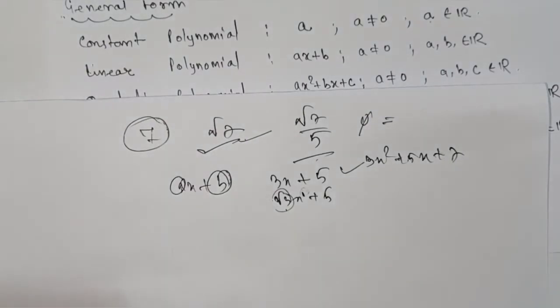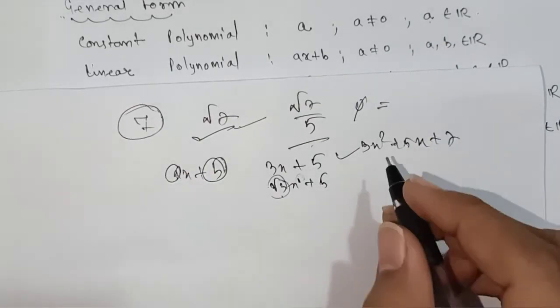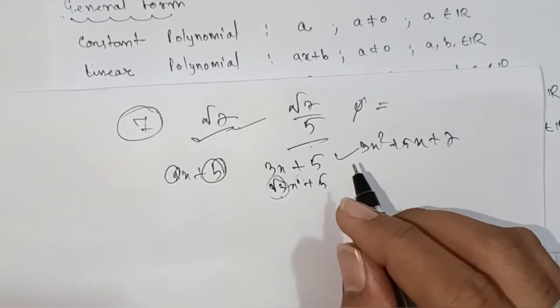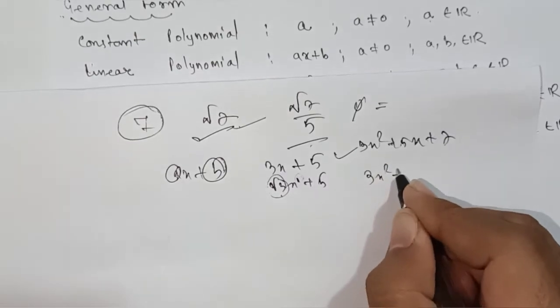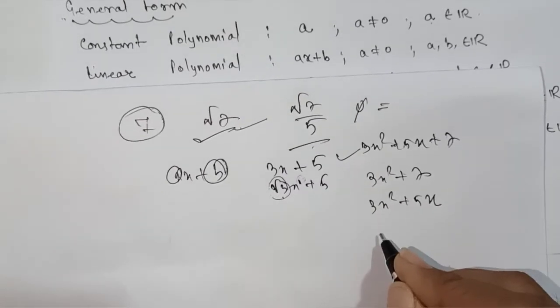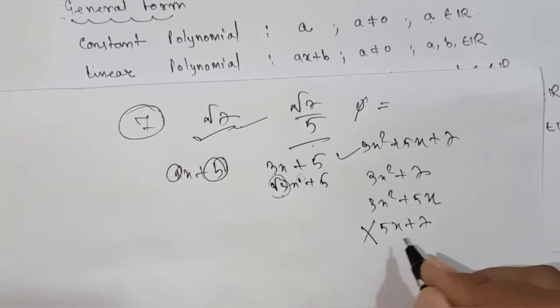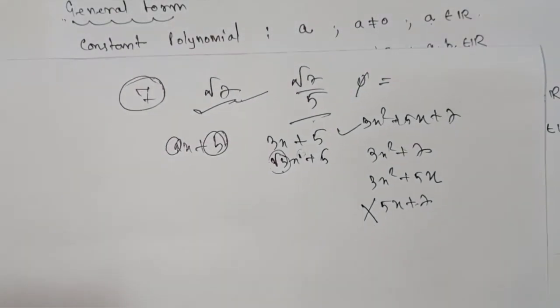If I ask you to write degree 2 and it should be binomial, then 3x square plus 7 you can write, 3x square plus 5x you can write, or anything. 5x plus 7, no, you cannot write, because this is a binomial, but it is degree 1.